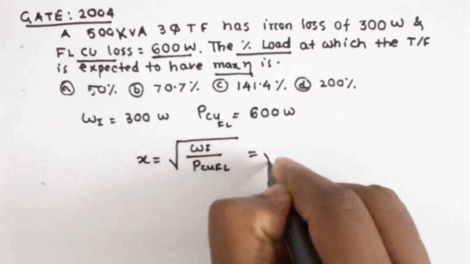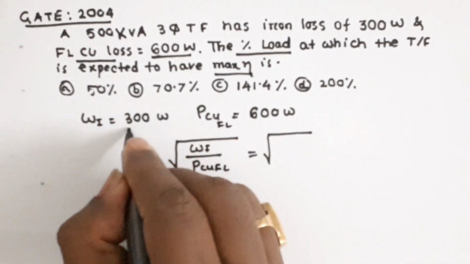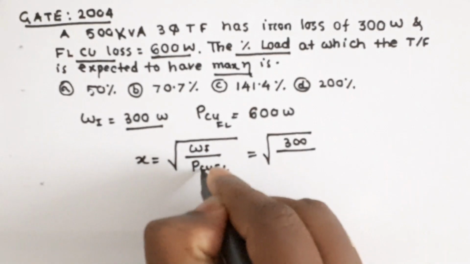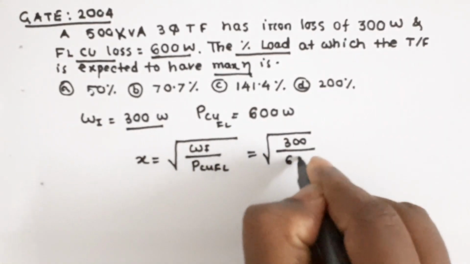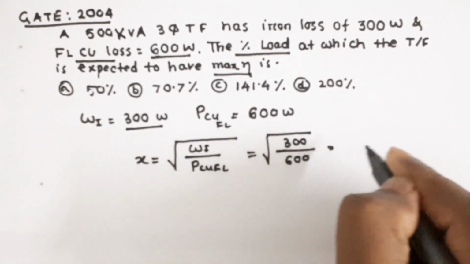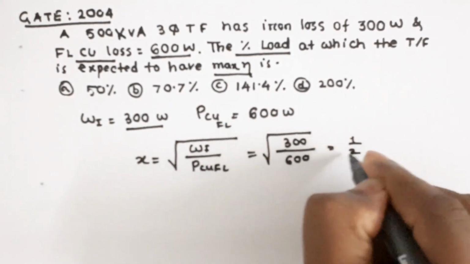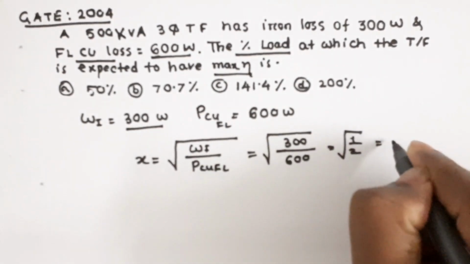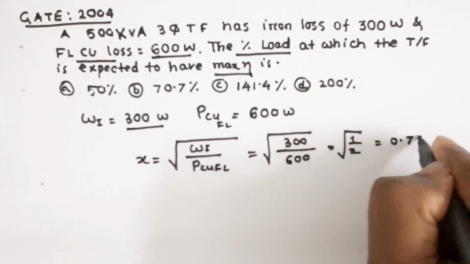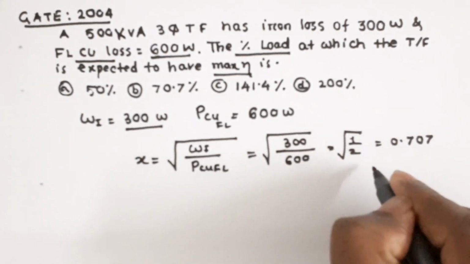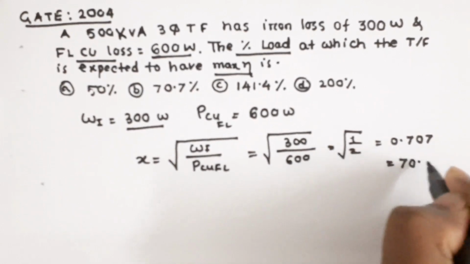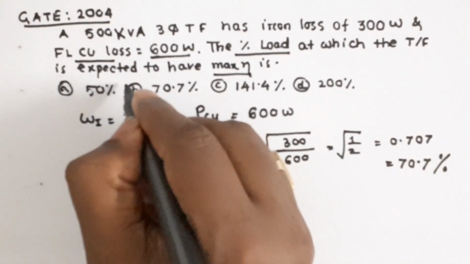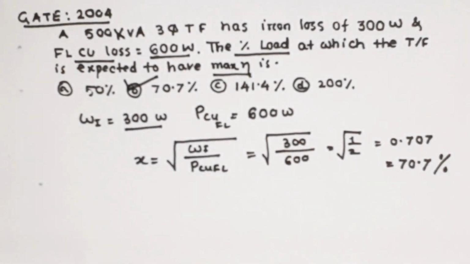That will be root over of 300 watt divided by 600 watt, which is 1 by root 2, that is equal to 0.707, equal to 70.7%. This is the answer. Option B is the correct option.